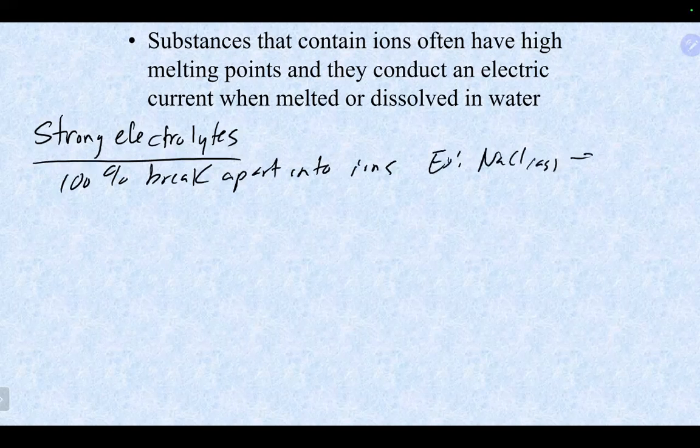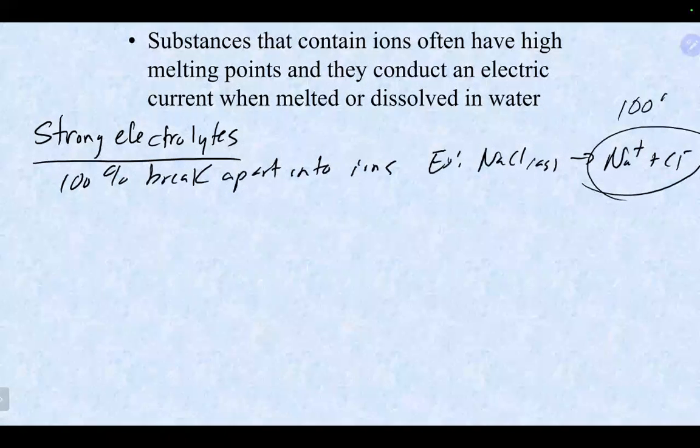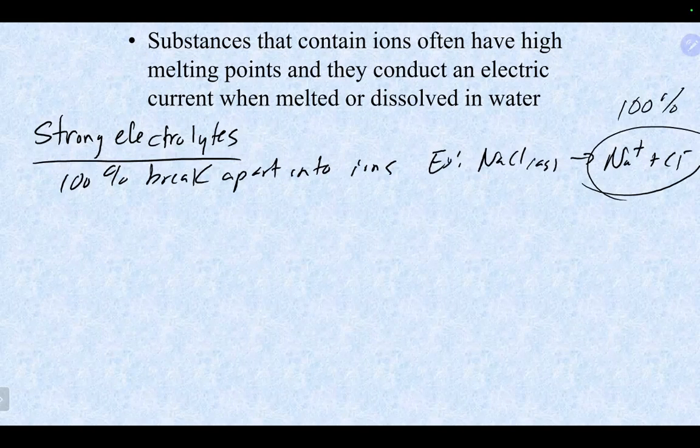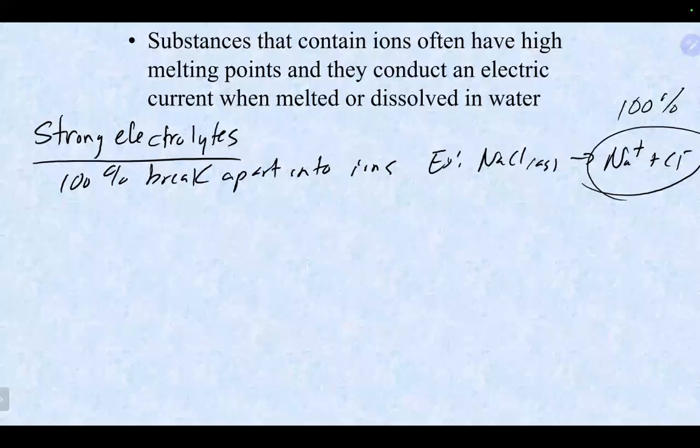A sodium chloride solution is actually basically 100% sodium ions and chloride ions is really what you have in that solution. You have none of these sodium chloride units still together. And because of that, it conducts electricity really, really well. If you put a light bulb with some electrodes on it, it would come on and be very bright. Really good conductor.